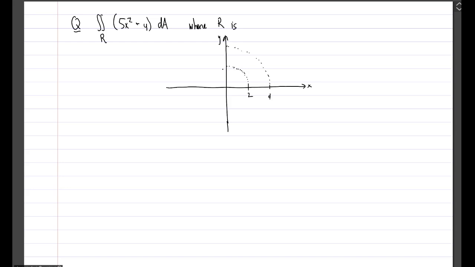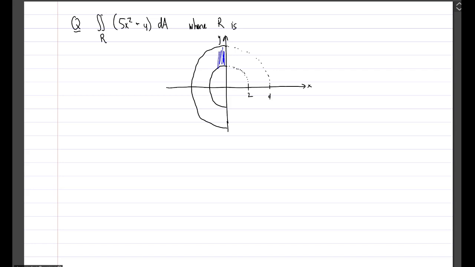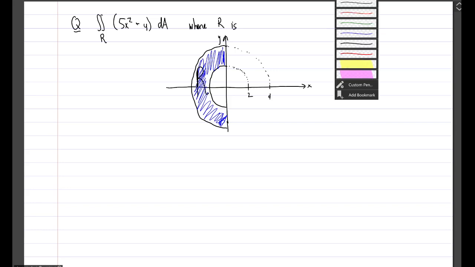Actually, continue this around like this, and then continue this around this way. Maybe I'll use a new color. This region filled in there, that is capital R.